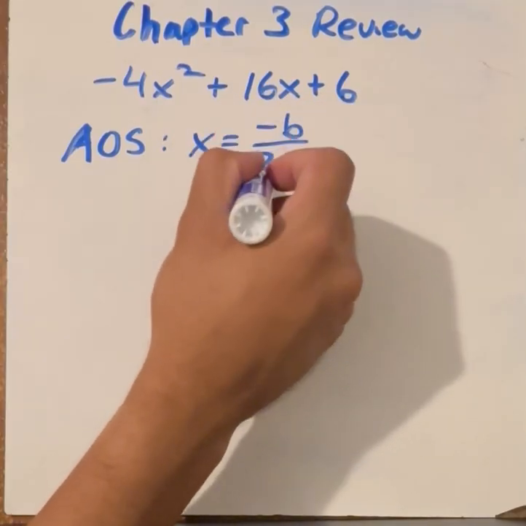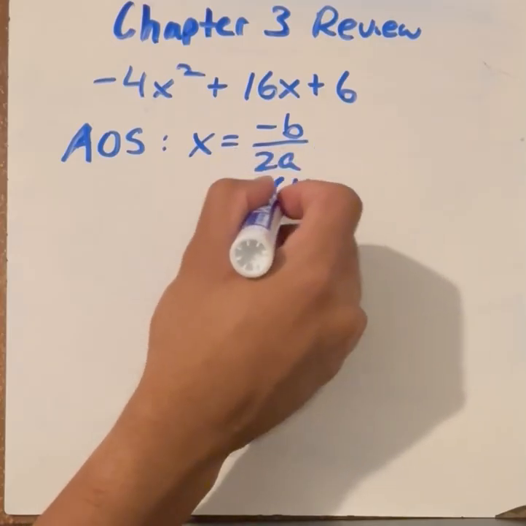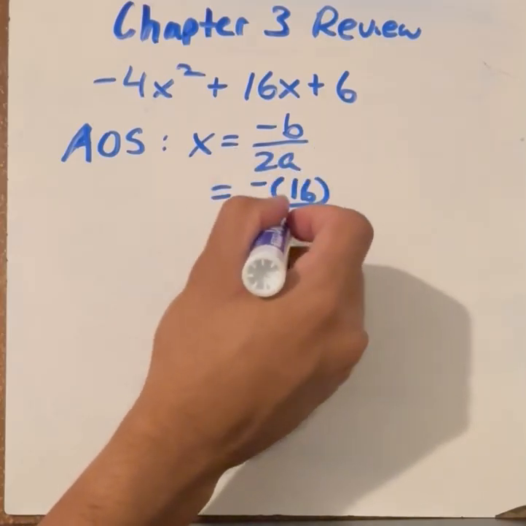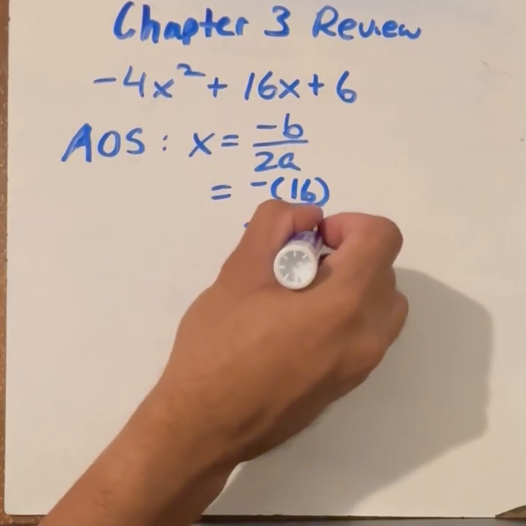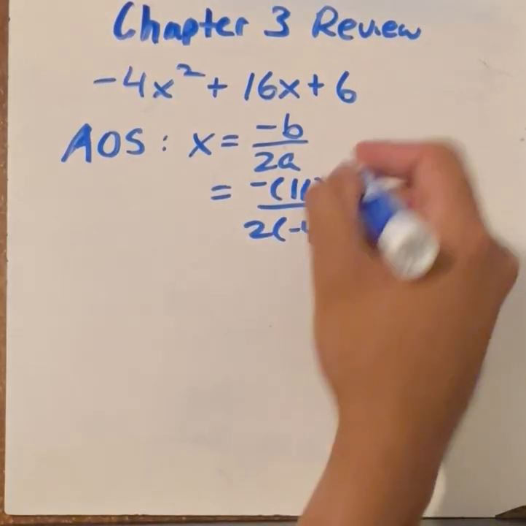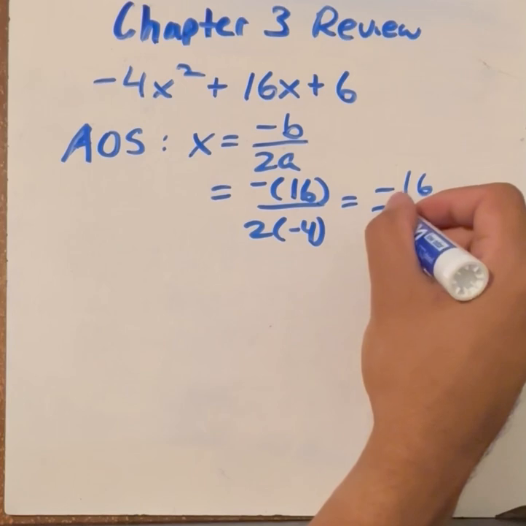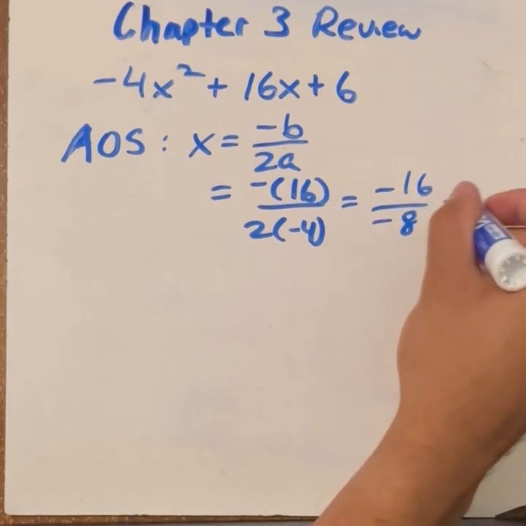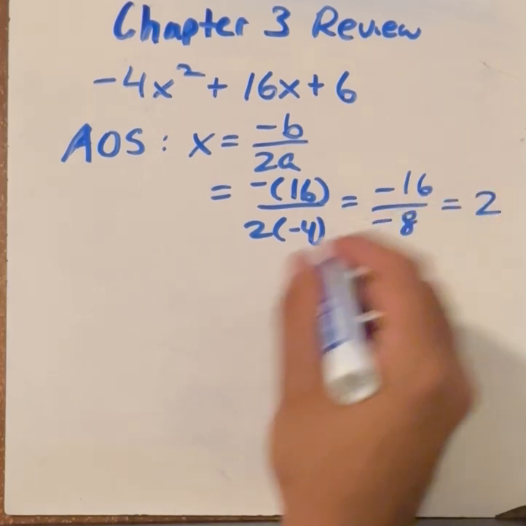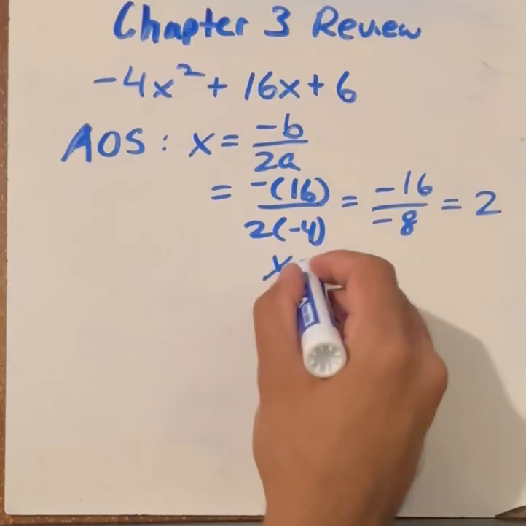So negative b is 16 over 2 times a is -4. Okay, so this is -16 divided by 2 times -4 is -8, and -16 divided by -8 is +2. So the axis of symmetry is x equals 2.